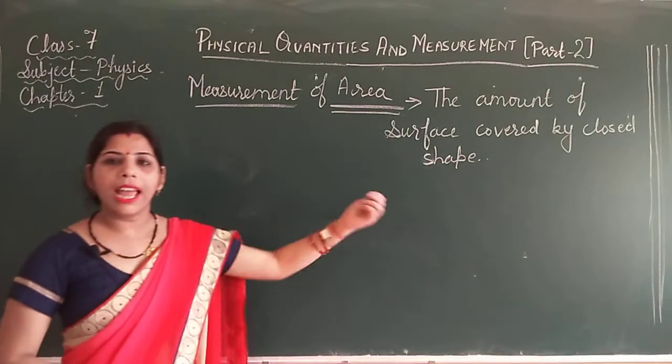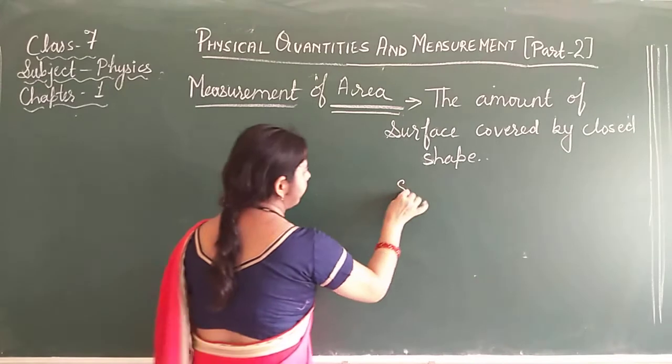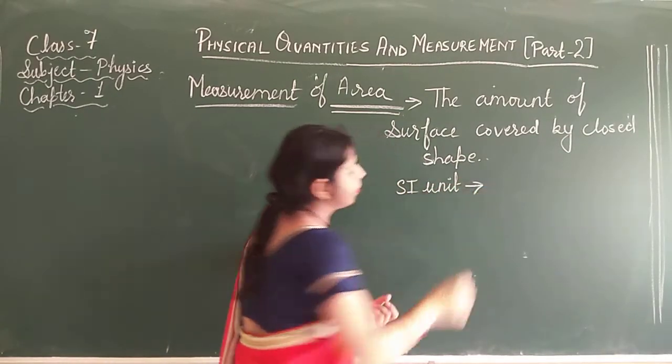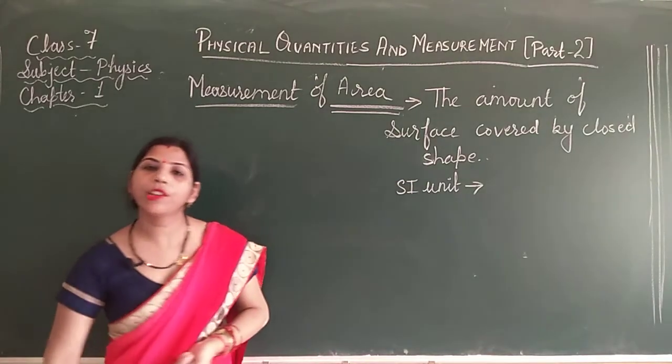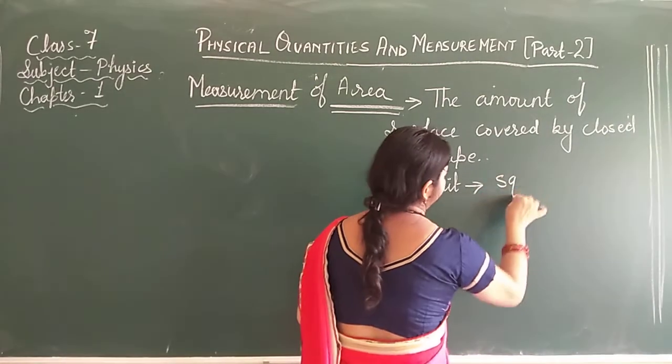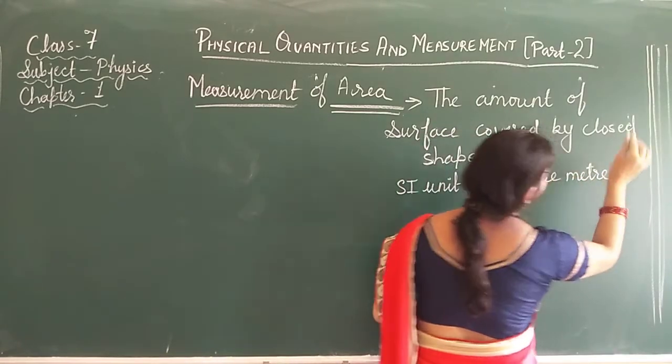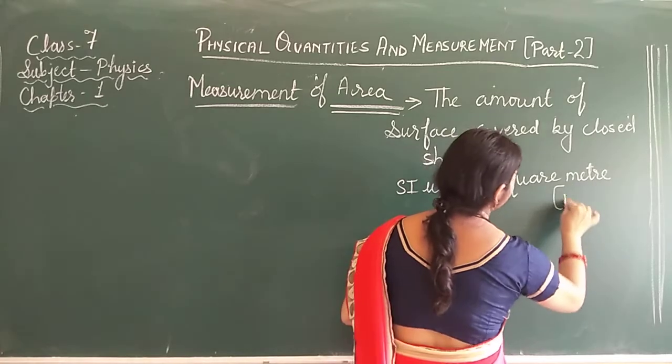And the SI unit of area is square meter, and the symbol of square meter is this.